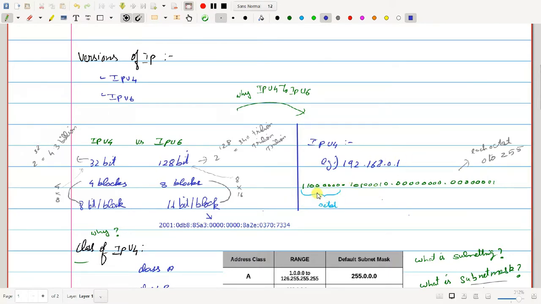Each octet ranges from 0 to 255, that is, from 00000000 to 11111111. IP version 6 has 128 bits, 8 blocks in total, 16 bits per block. There are a total of 340 trillion IP version 6 addresses available. This is an example of an IP version 6 address.